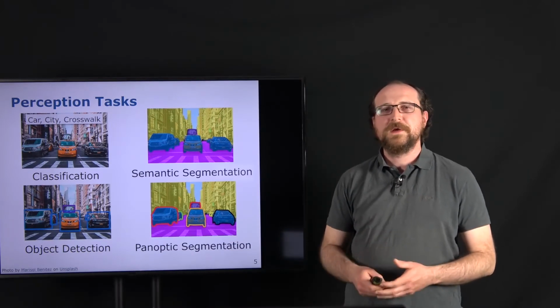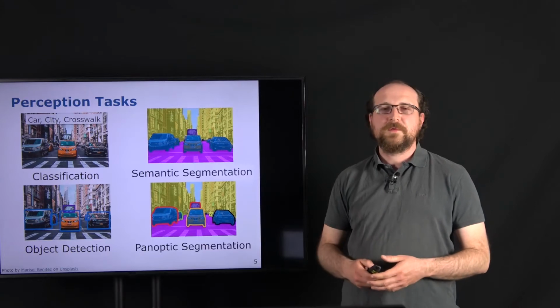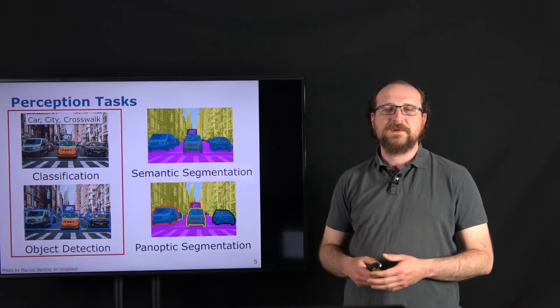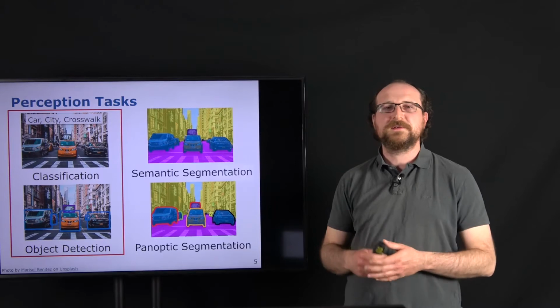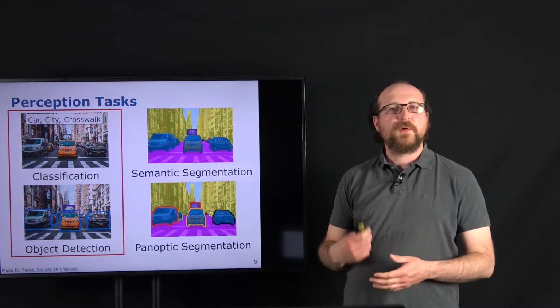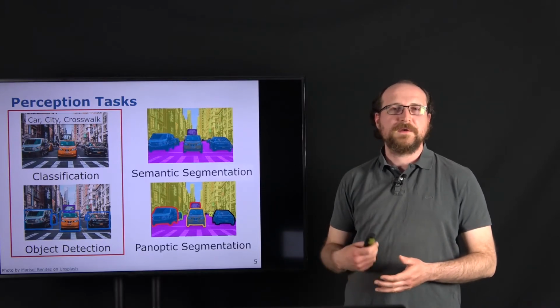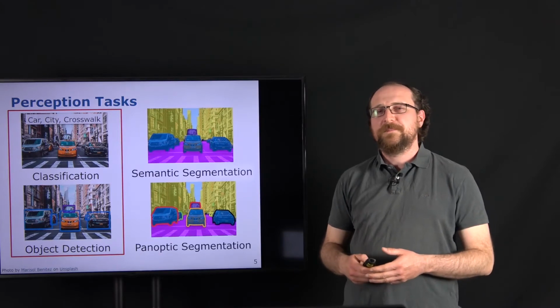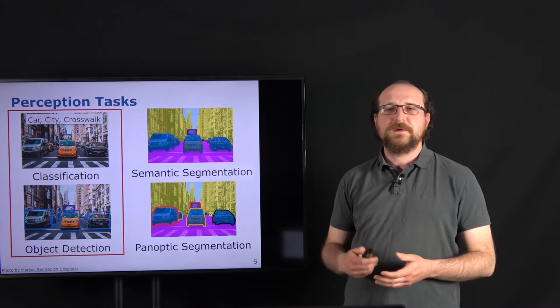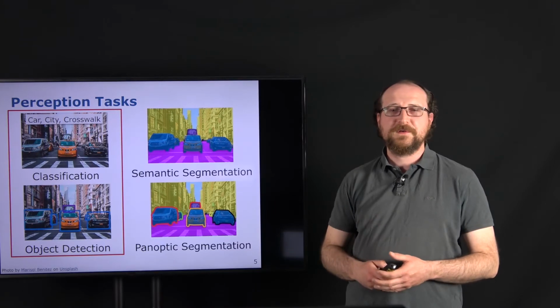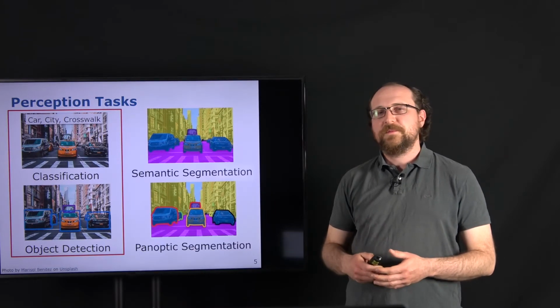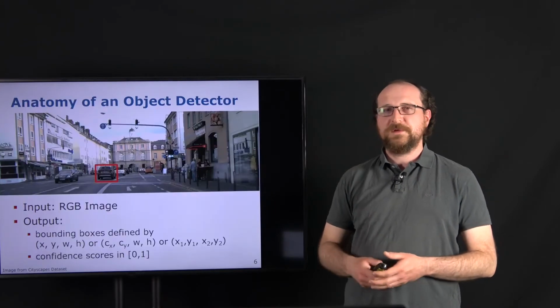In this lecture, I specifically want to focus on classification and object detection, because these are the classical tasks that were first solved using machine learning in computer vision. And here specifically, we are now looking at object detection. I want to talk a little bit about what object detection is.